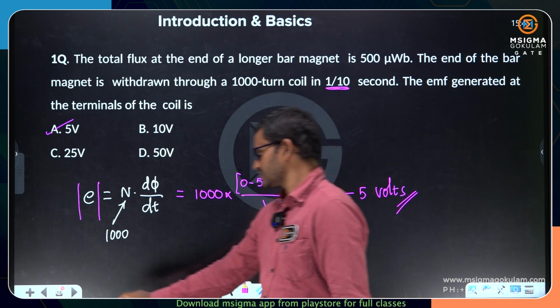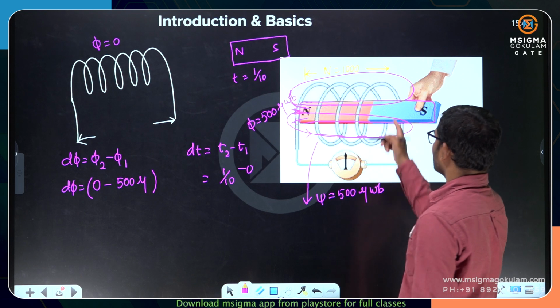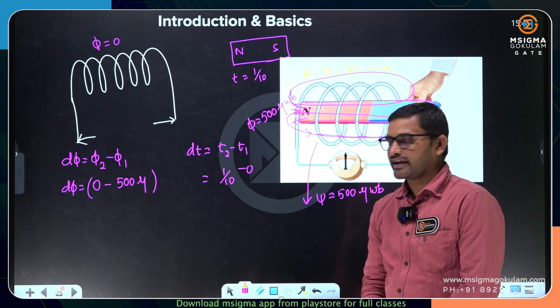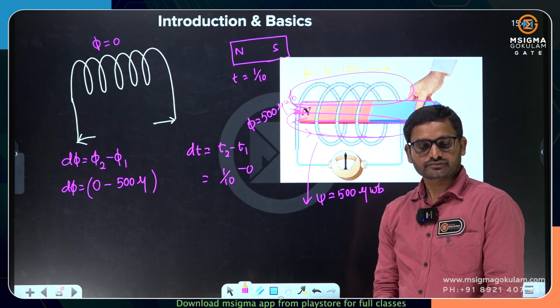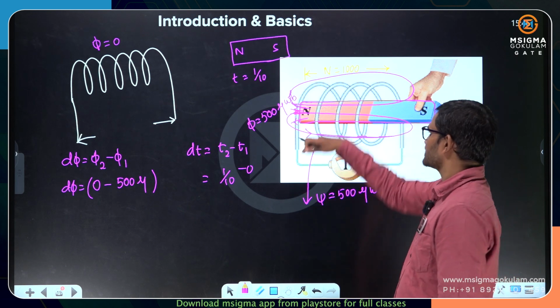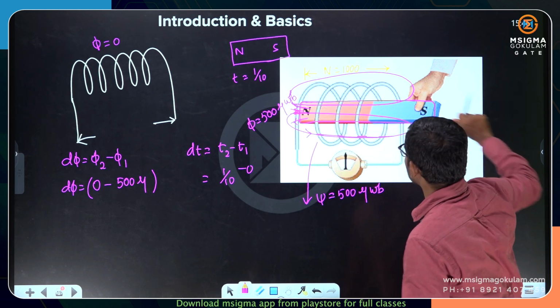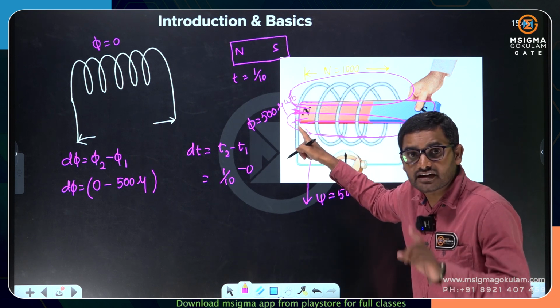Here the winding is stationary, the number of turns are stationary, and we are changing the time. By the way, this flux is not time varying.